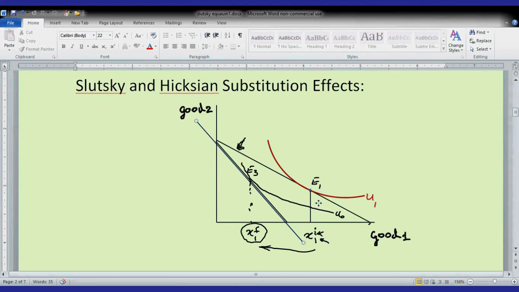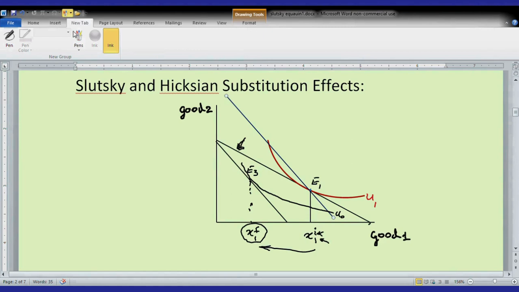So when we provide that compensation, the compensated budget constraint must pass through point E1, which means the household can still consume the same consumption bundle, that is E1.